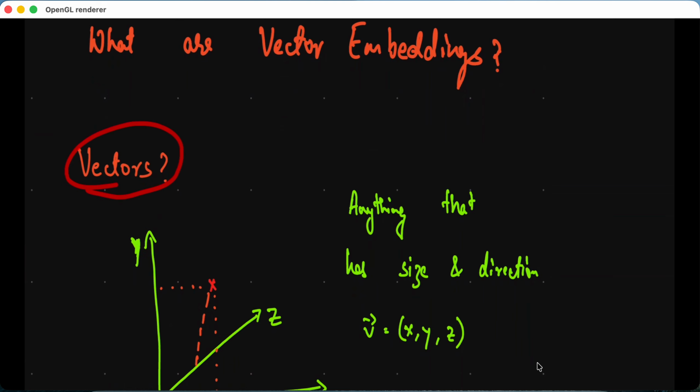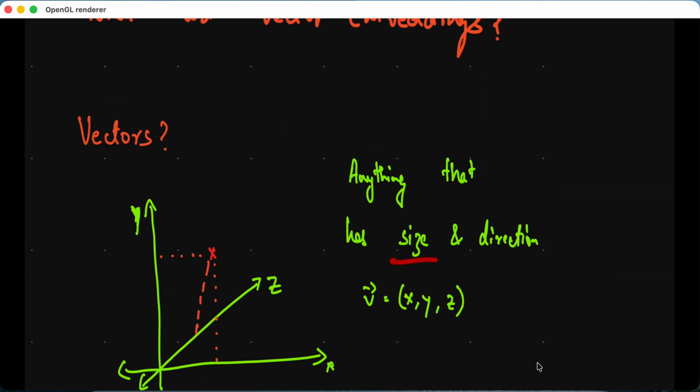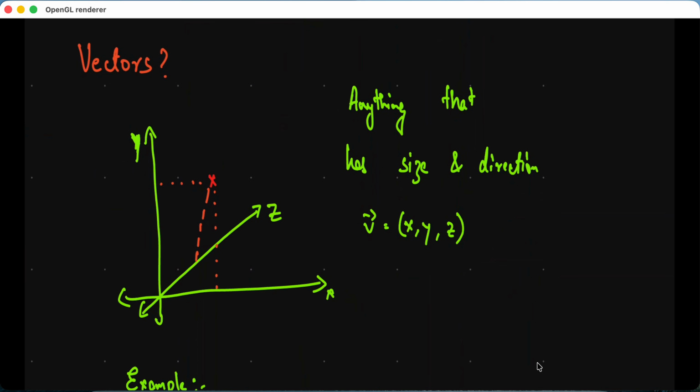Vectors are nothing but anything that has some magnitude and direction. Let's say we have this vector v which has x, y, and z coordinates.